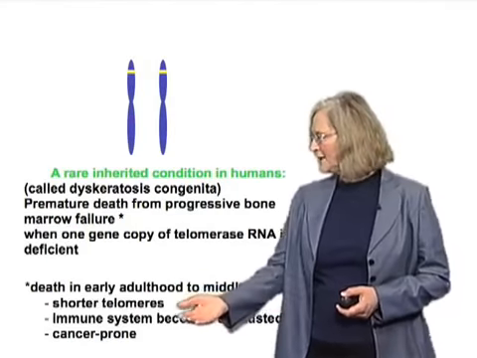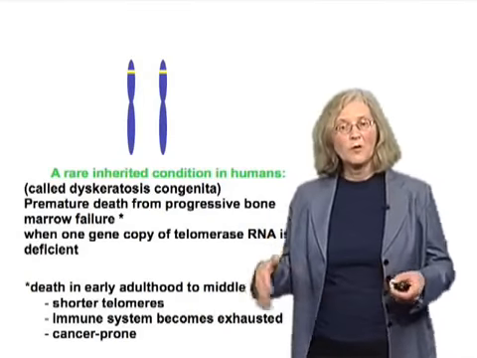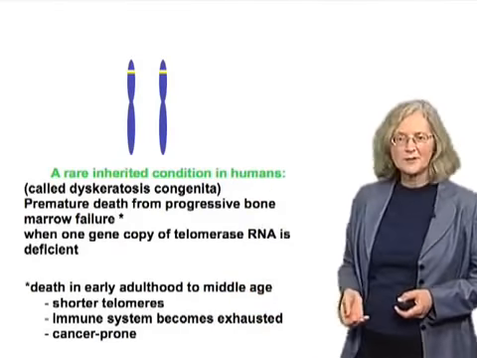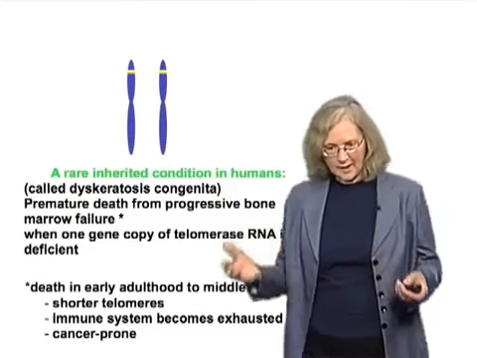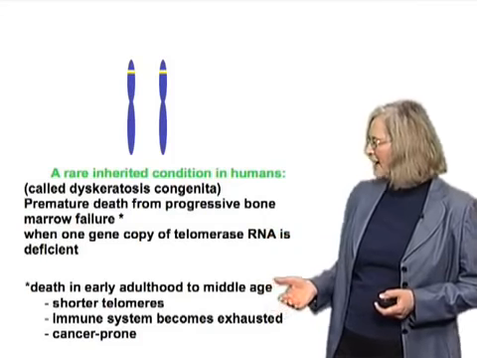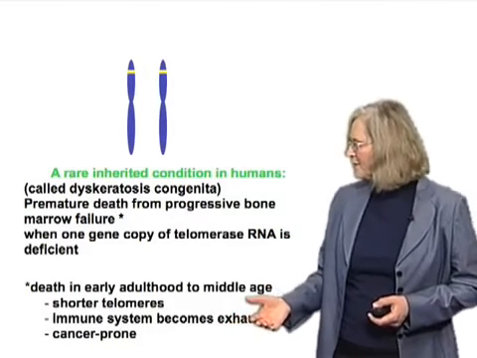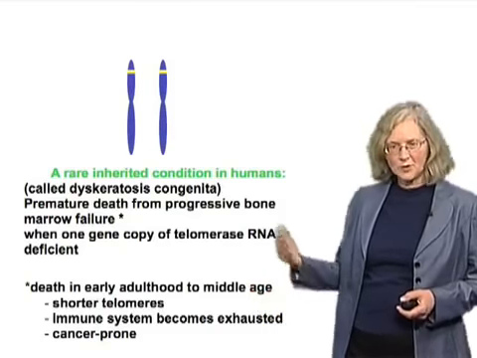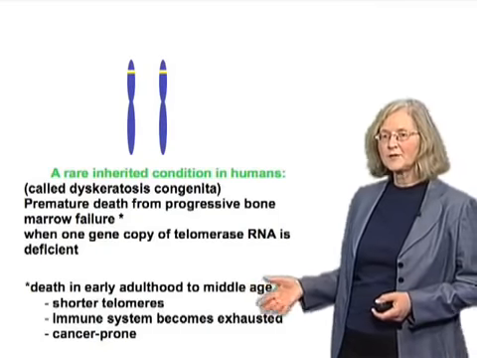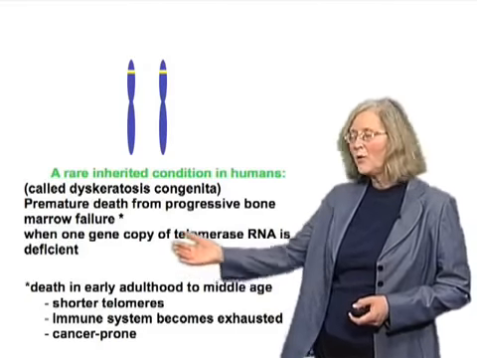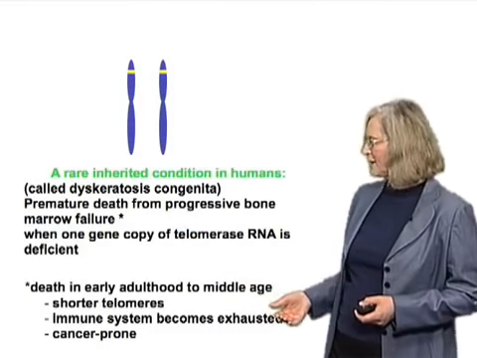Such individuals have telomeres that are way shorter than the normal range seen in healthy individuals who do not have this inherited condition, or in their family members who do not inherit this mutation. The characteristic is that the immune system has become exhausted. It looks probably as though stem cells, or the cells that arise from stem cells in the immune system, just lose the ability to proliferate all the way through a normal life expectancy.